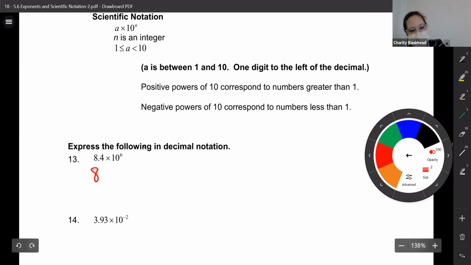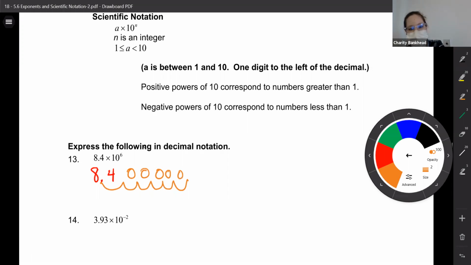So you have 8.4 and you go 6 times to the right. 1, 2, 3, 4, 5, 6. And so you fill in all of those blanks with zeros. So that's 8,400,000.